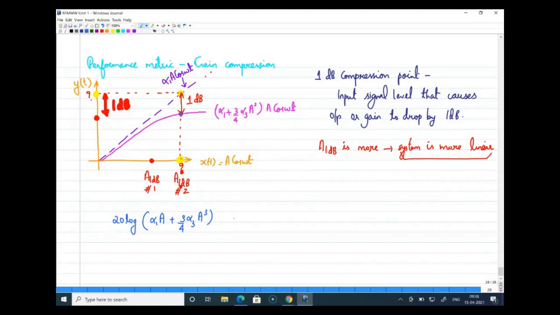Now, when this point is equal to the normal graph minus 1 dB, then A becomes A1 dB. When this value is equal to the linear value minus 1 dB, that A is equal to A1 dB. How will I write then? I'll write it as 20 log alpha 1 A minus 1 dB.